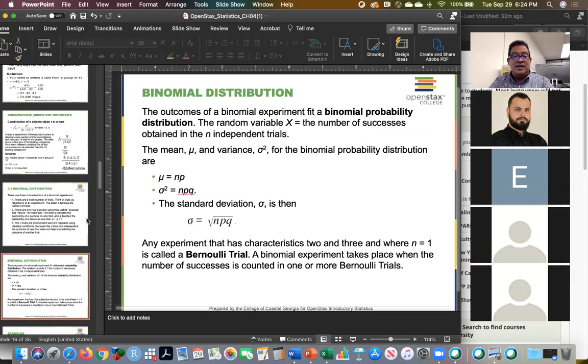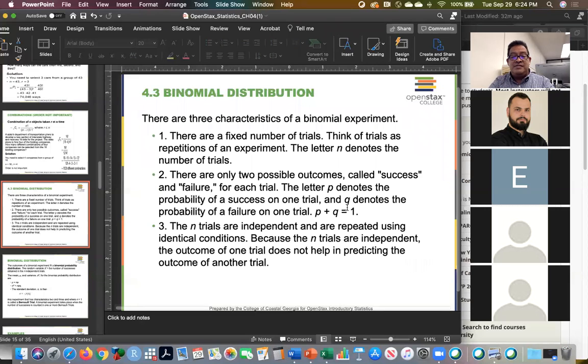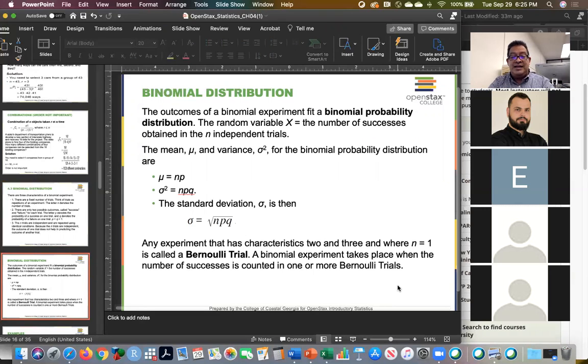Bernoulli trials imply success and failure, and the trials are independent.